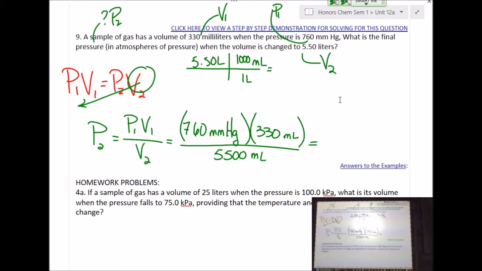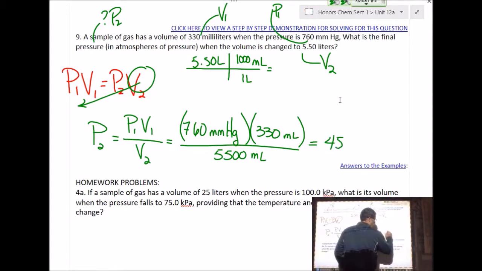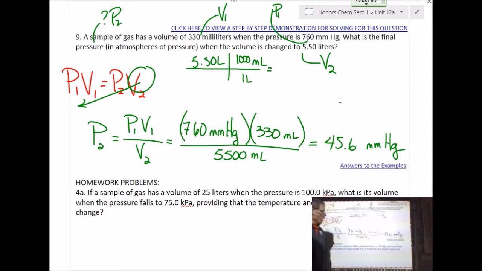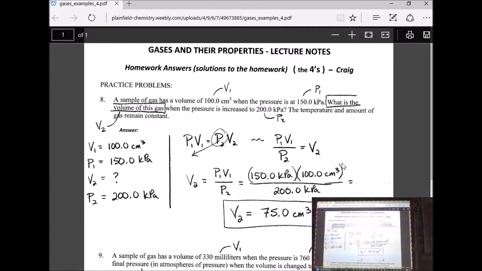I got 45.6, and that is millimeters of mercury. Not correct. Mr. Craig, I don't think that's right. That's not what you have in the answer to the example. What do I have? 0.06. I got 45.6. Yeah, we all got that.